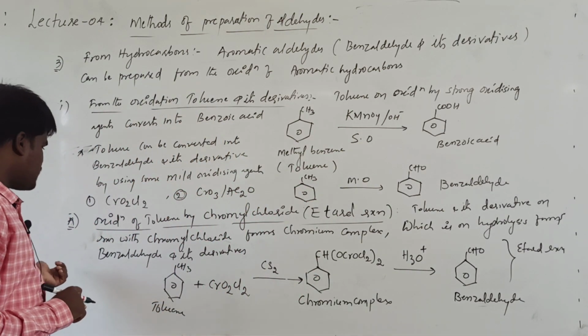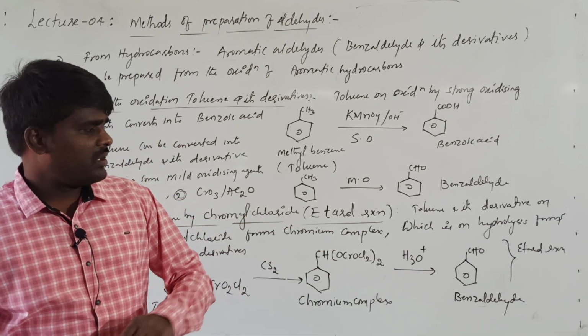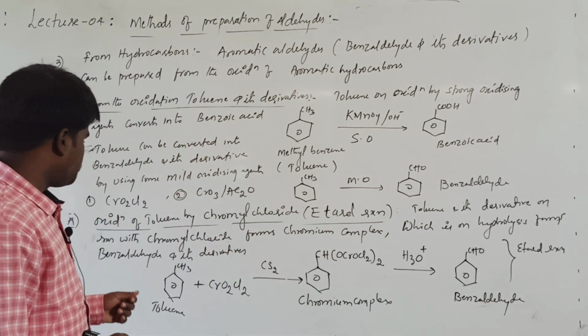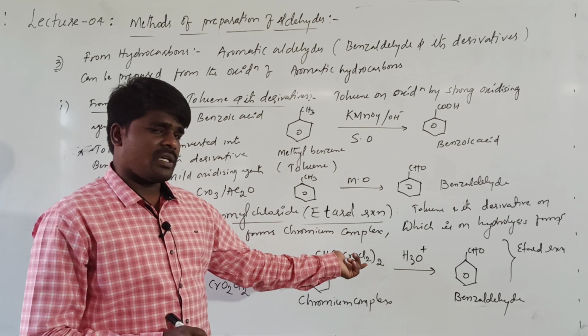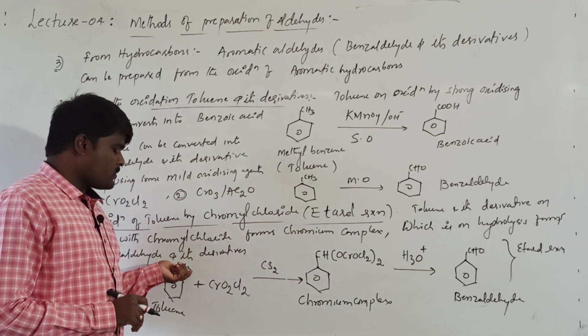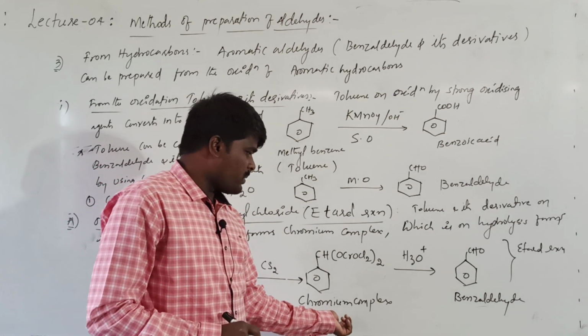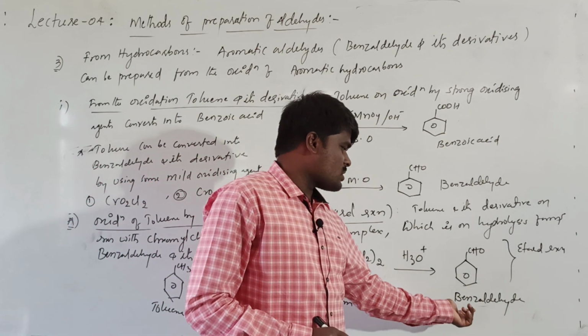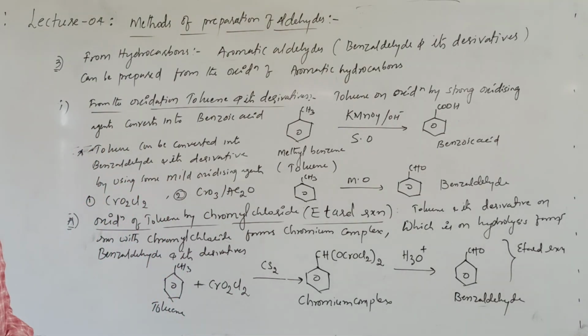The first method is oxidation of toluene by chromyl chloride, also called the Etard reaction. Toluene or its derivatives react with chromyl chloride to form a chromium complex, removing the two hydrogens of the methyl group with two chromyl chlorides. This chromium complex on hydrolysis gives benzaldehyde. It's a very important reaction. Hope it is clear so far.